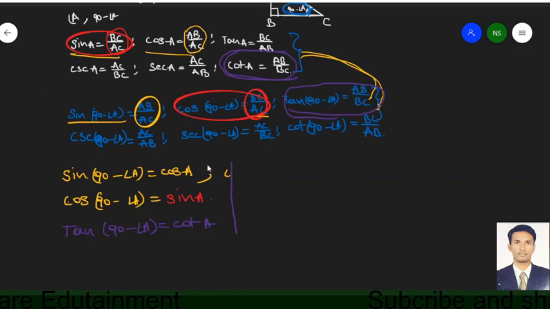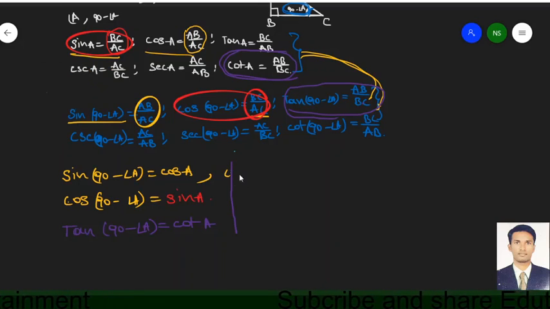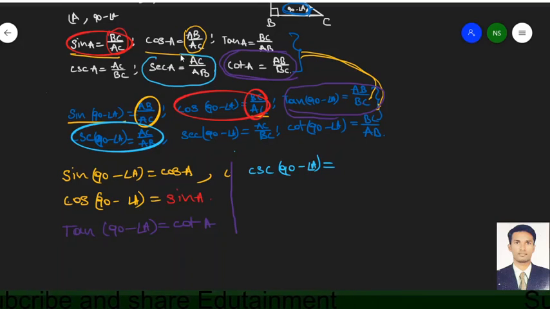In the same way, cosecant 90 minus angle A is AC by AB, which equals secant 90 minus A's fraction, AC by AB, so these fractions are equal.